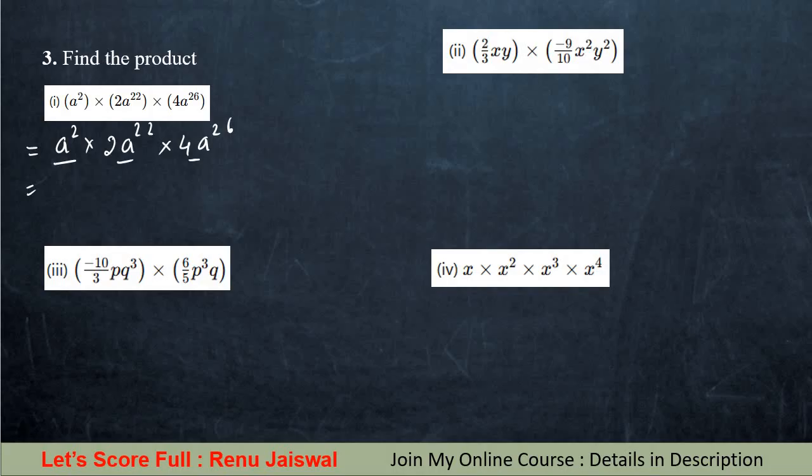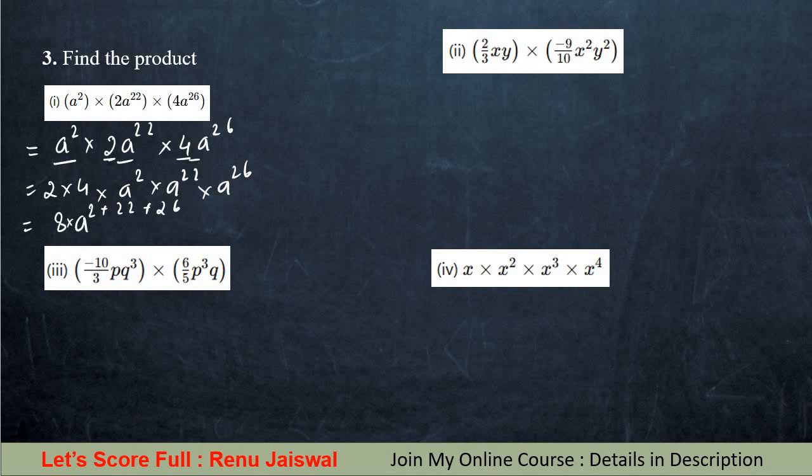Both are monomials, multiply their coefficients. Here nothing means 1, I take. So 2 into 4, these 2 and 4, and then base a square, a raised to 22, a raised to 26. What will happen? 2 4s are 8, and then a raised to, I have 2, then I have 22 and 26.